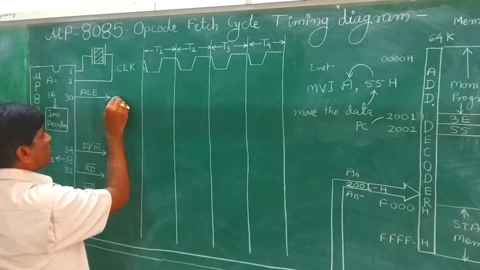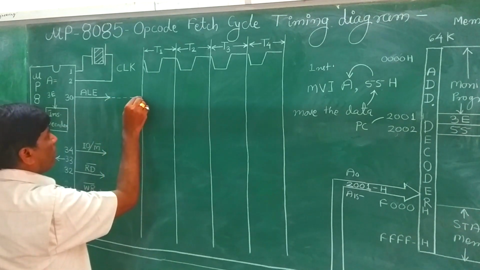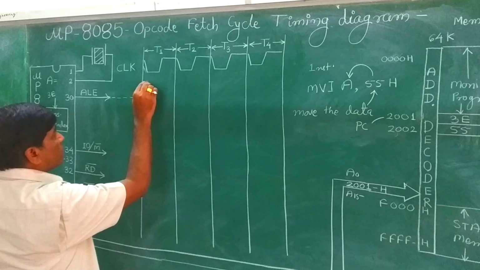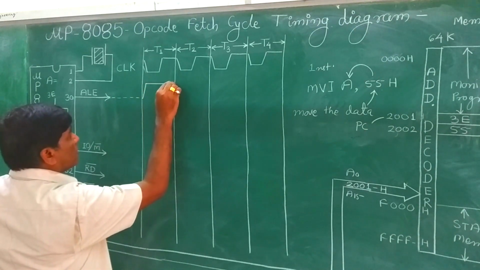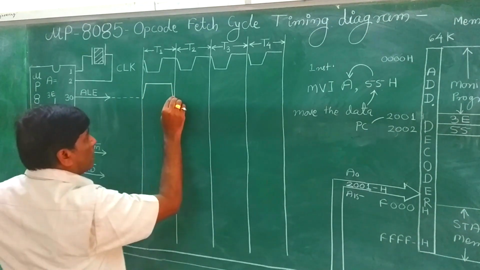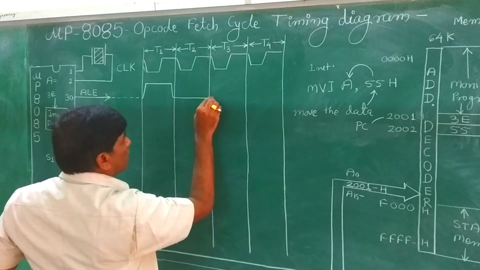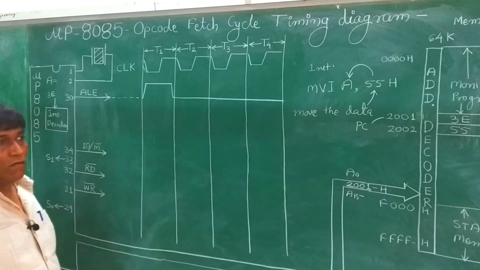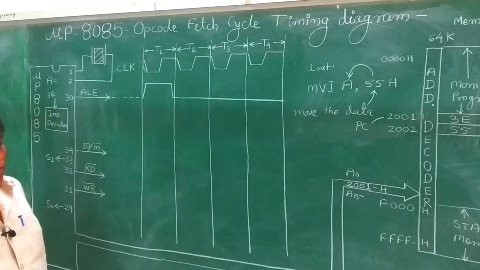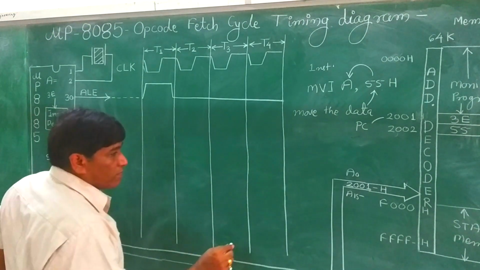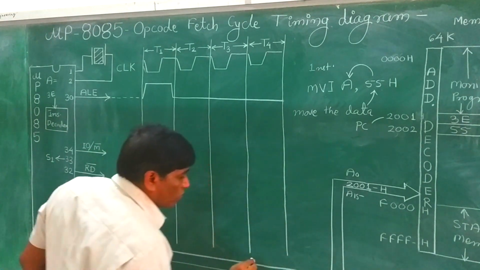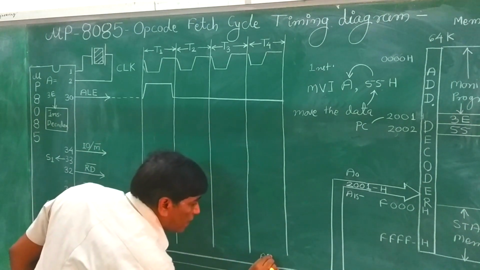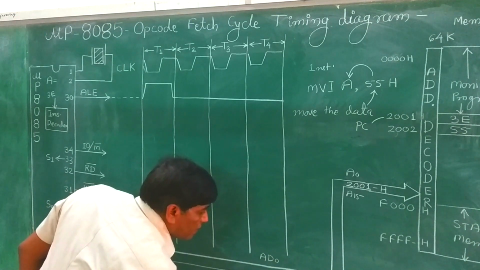If you see the address latch enable signal, it is activated at T1 and then deactivated for all the remaining T states. What does it mean? It means that the lower order bus is AD0 to AD7.